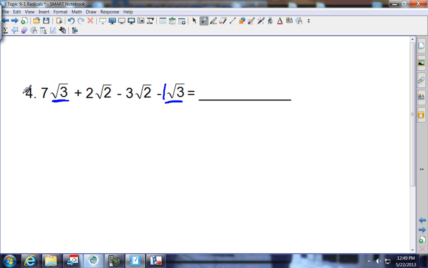So I'm going to have 7 minus 1, 6 square root of 3. Then I have square root of 2. 2 minus 3 is negative 1, so I have minus 1 square root of 2. You can write minus 1 or just use it as minus square root of 2. That's as simple as it goes.